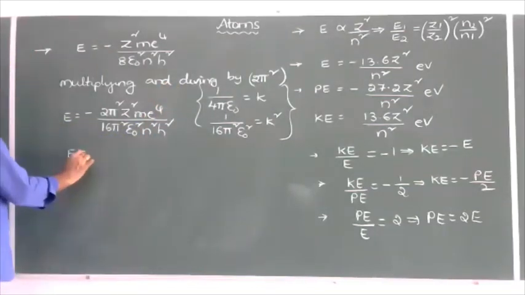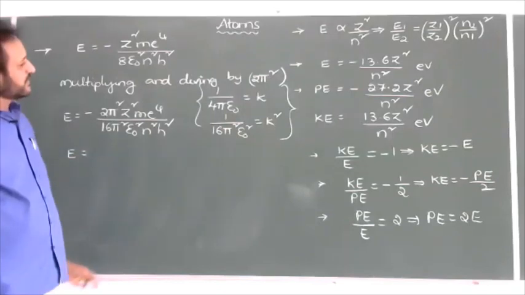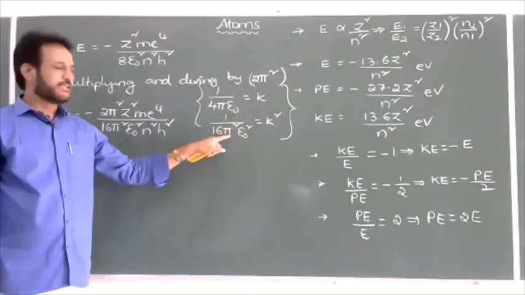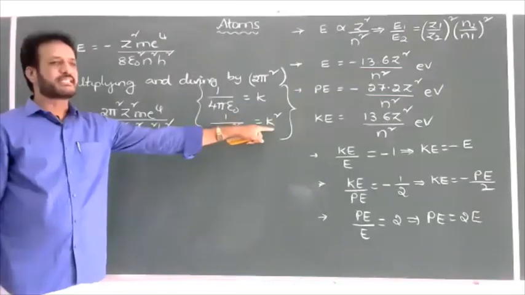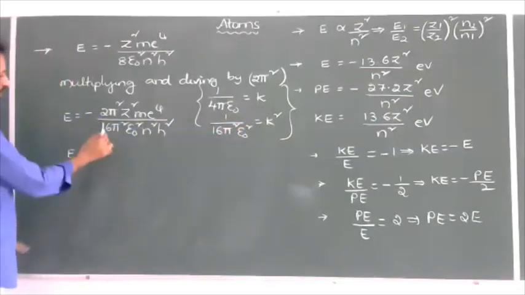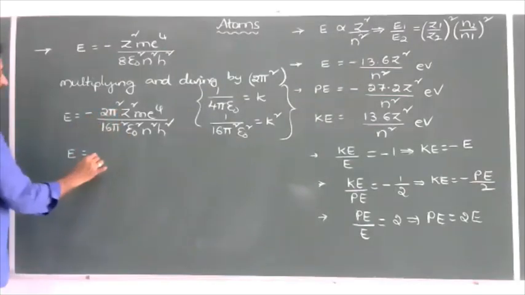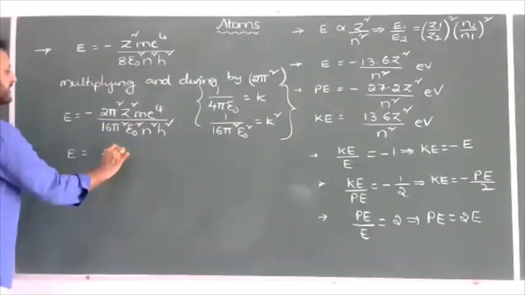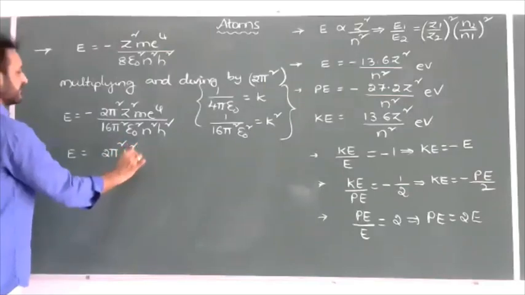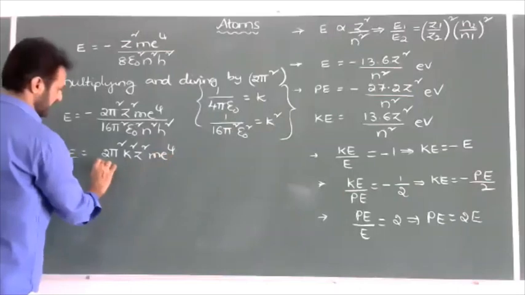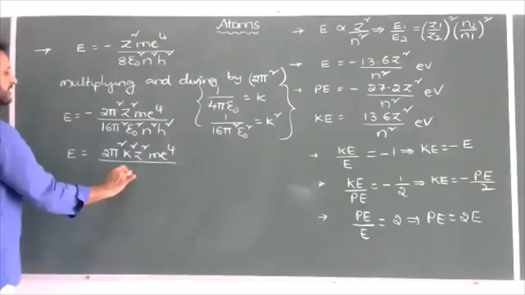That is equal to, and observe this in a bracket whatever I have given, 1 by 16 pi square epsilon naught square is equal to k square, we can write. So here also 1 by 16 pi square epsilon naught square is equal to k square. Then if you write, it is equal to 2 pi square k square into z square into m e power 4 divided by n square h square.